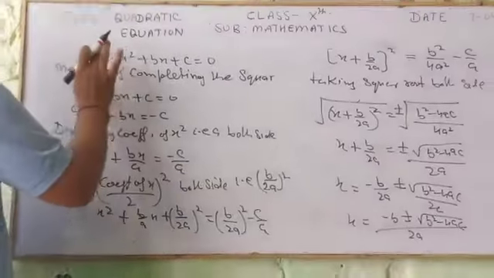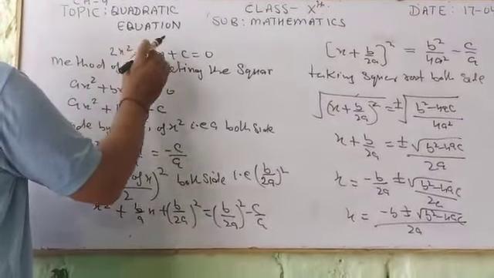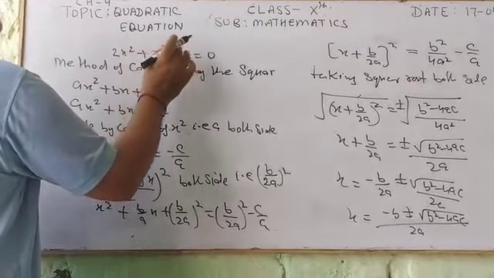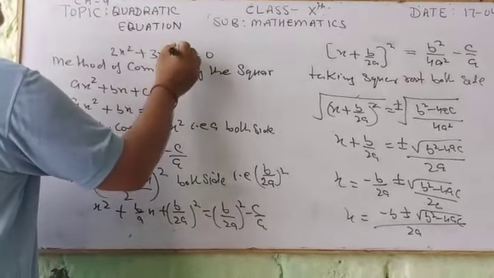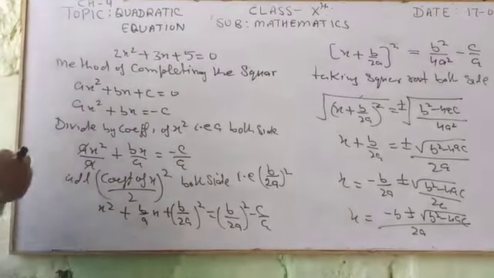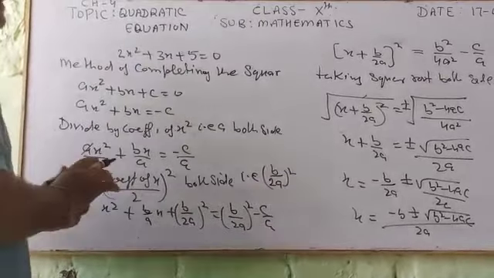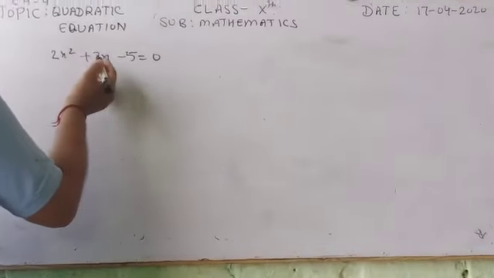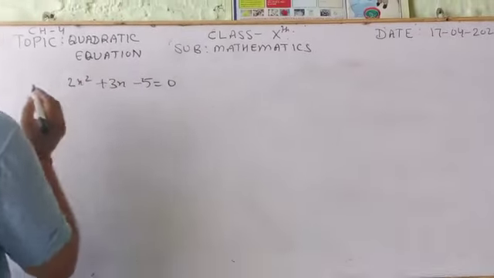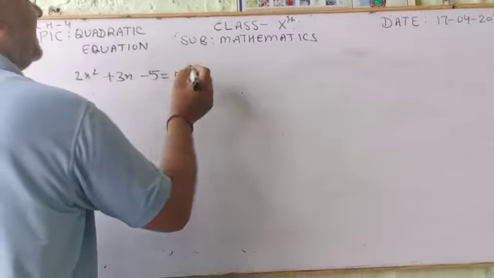Let us take an example: 2x square plus 3x minus 5 equal to 0, and find the value of x using the completing the square method.